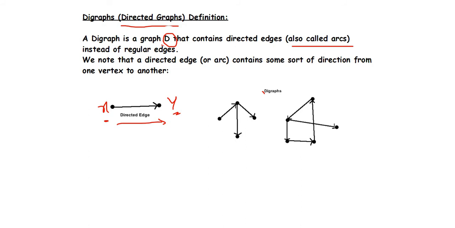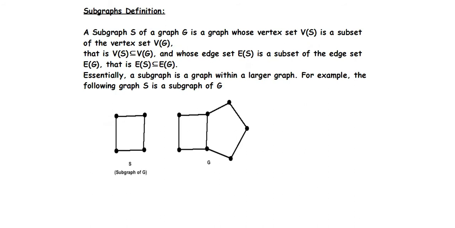Look at the other examples here. This is also a directed graph. Suppose this is A, this is B, this is C, and this is D. You have a direction from A to B, B is going to C, and B is also going to D. In a similar way, we have another example.